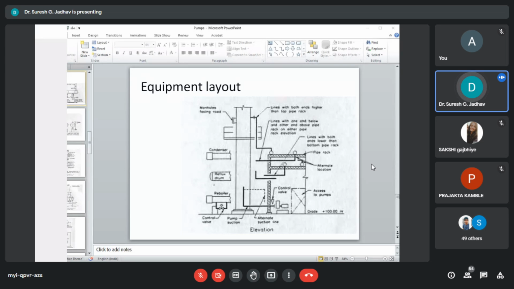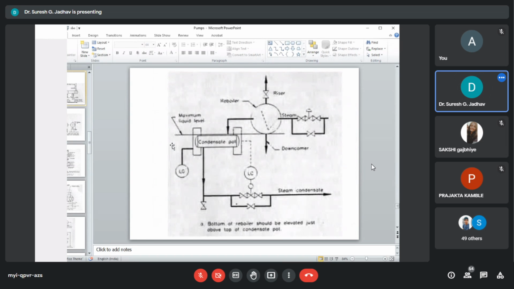Process conditions determine the precise relation between the exchanger and the vertical condensate control pot shown in this arrangement. So here we can see the bottom of the reboiler should be elevated just above the top of the condensate pot.